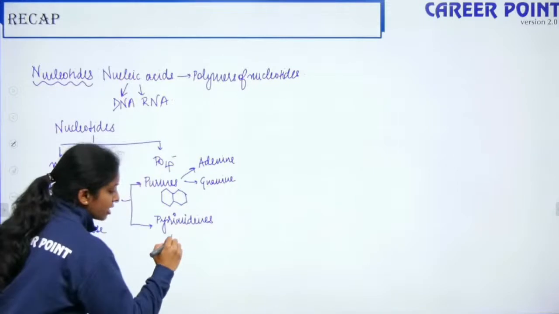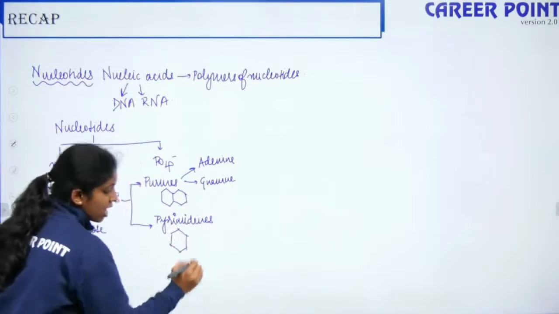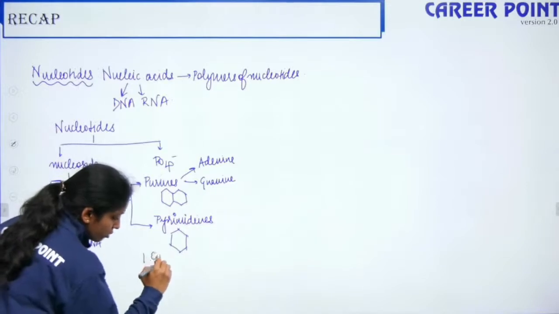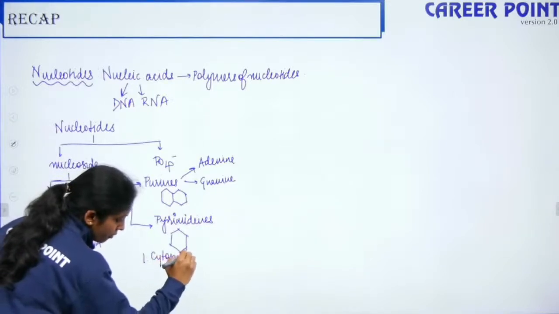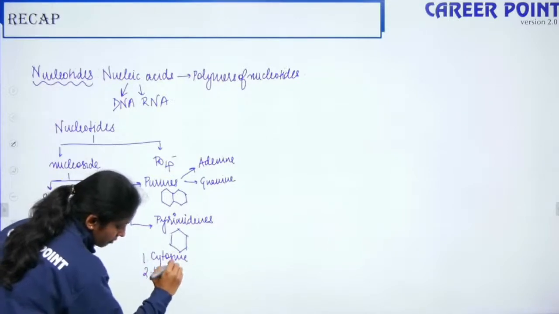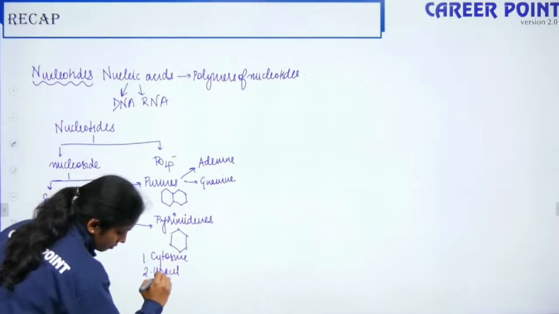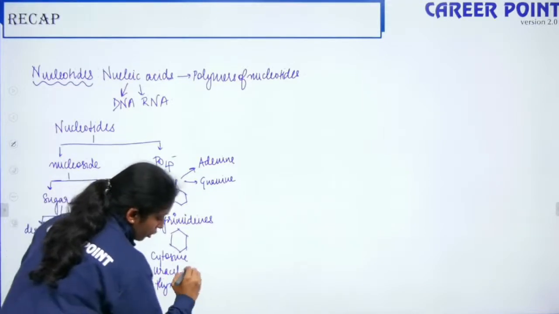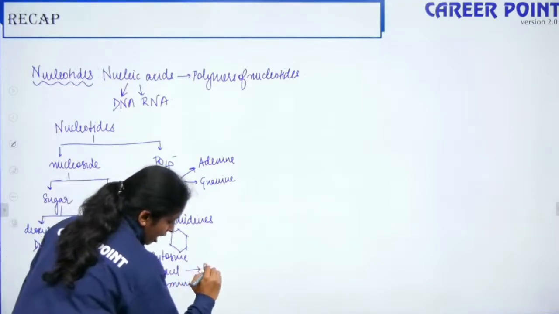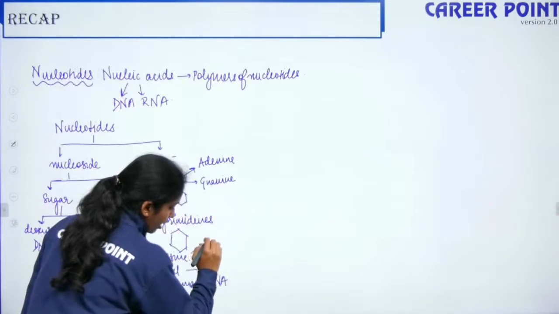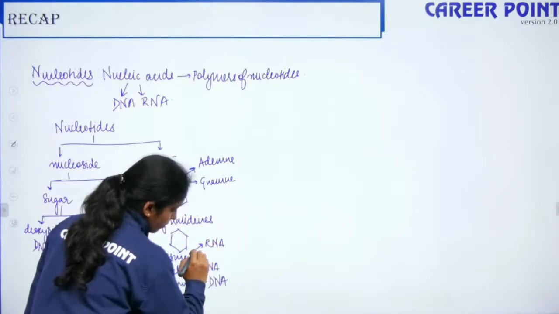Your pyrimidines are single ring structures like this, and you have three pyrimidines. The first one is your cytosine. Then you have uracil and thymine. Uracil is specific for your RNA, thymine is specific for your DNA, but cytosine is common to both RNA as well as DNA.